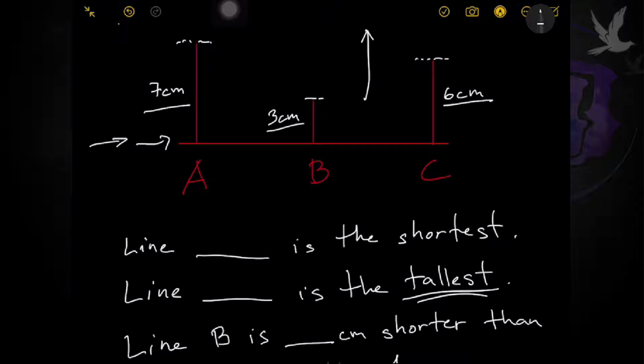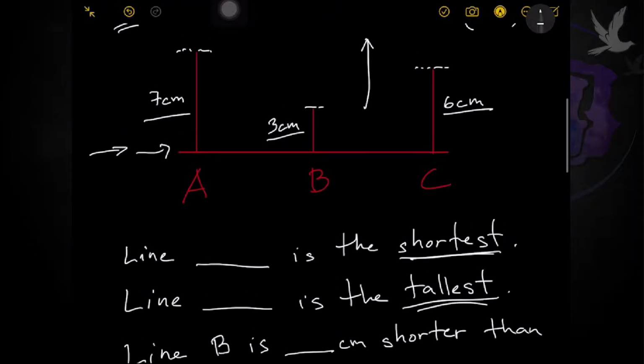And if you are going to compare, which one is the shortest? By simply looking at it, we can say that it's line B. And which one is the tallest? With the given numbers, of course, 7 is the tallest, which in this case is line A.